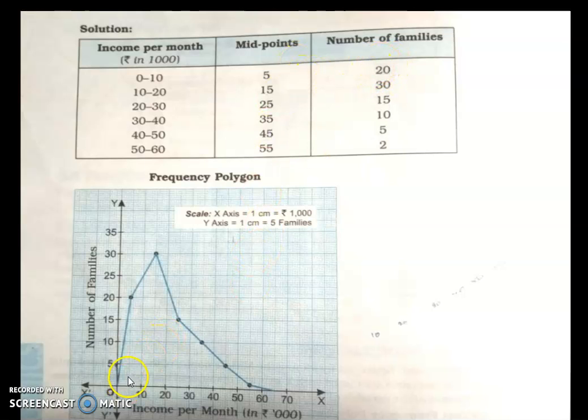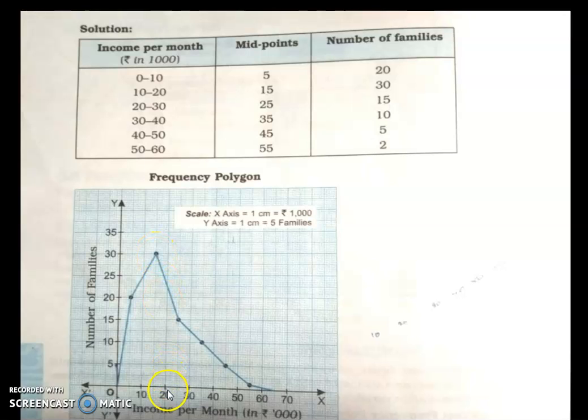So from here we'll go up to 20 and put the point here. Second is 10 to 20, the midpoint is 15. From 15 the corresponding frequency is 30. So from 15 we'll go up to 30 and put the point over there.